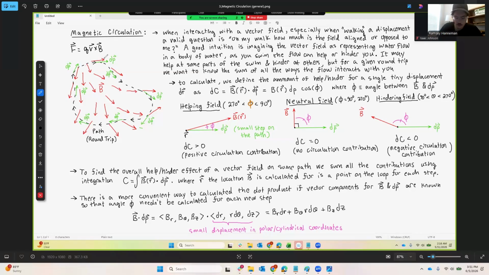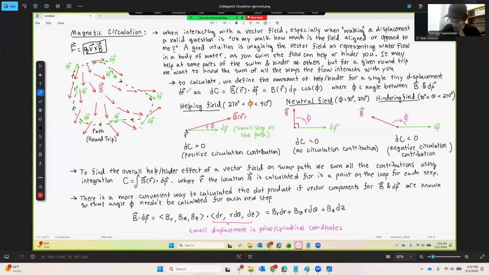The Lorentz force law. So what's interesting here is that as we're walking this path, there really isn't any helping or hindering. That's all just an analogy for what's going on here. In truth, this cross product tells us that the magnetic force always acts perpendicular to the field. So that's what's weird about Ampere's law.